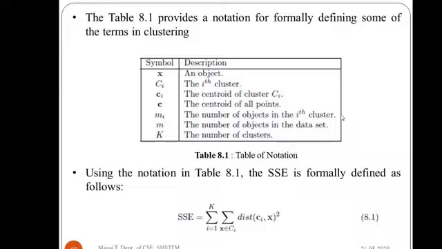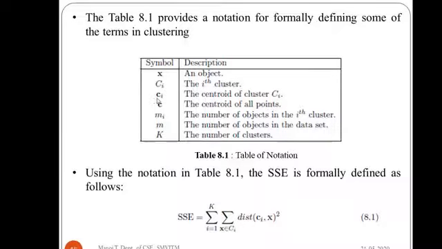Here the table is given, which provides the notation for formally defining some of the terms in clustering. X means a particular data object. Capital Ci means the ith cluster.